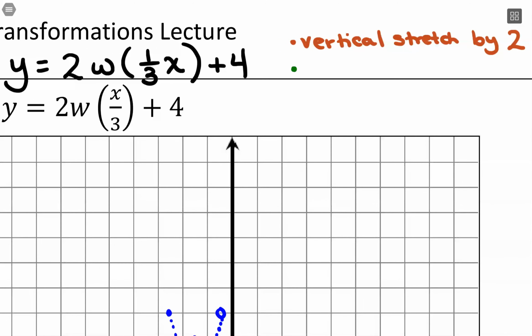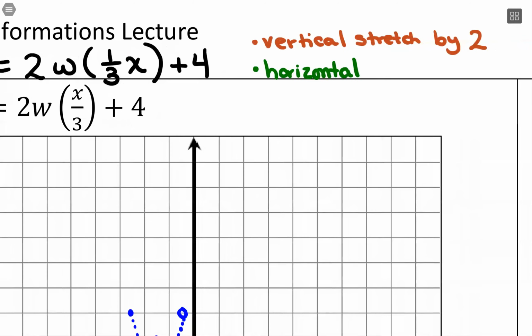Then our next piece, looking inside the function, we see that 1/3. So that's going to be a horizontal change because it's inside the function. And then the multiplying with x is going to be our stretch or compression. And because it's between 0 and 1, that's going to be a stretch by, and then again, you could think of the reciprocal, like flipping the numerator and denominator.